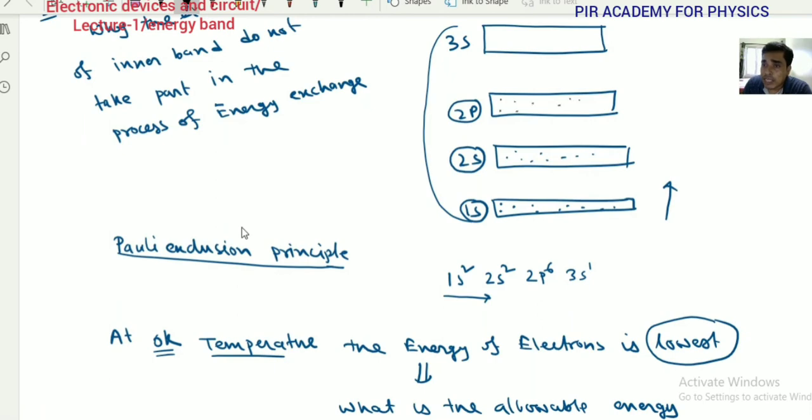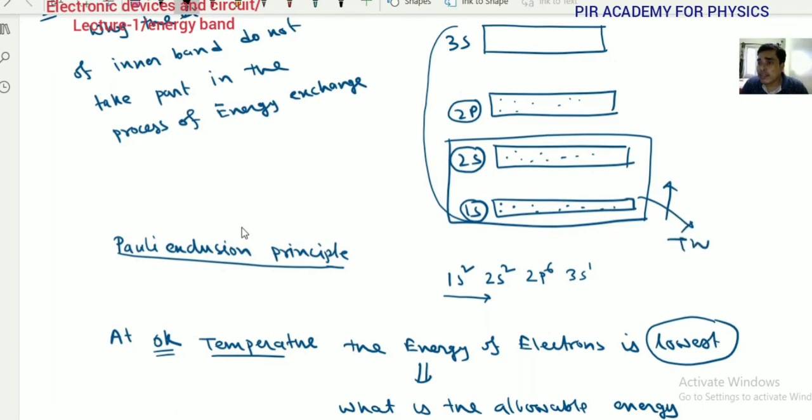So for 1s and 2s, there is no vacant space for electrons.